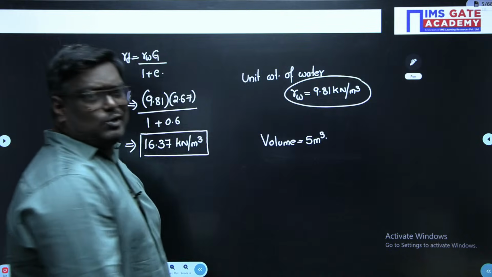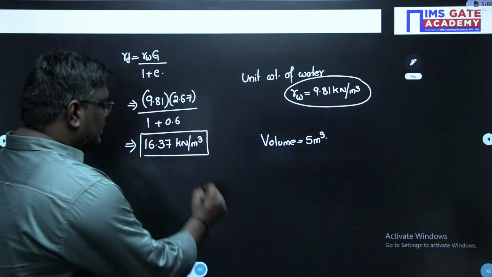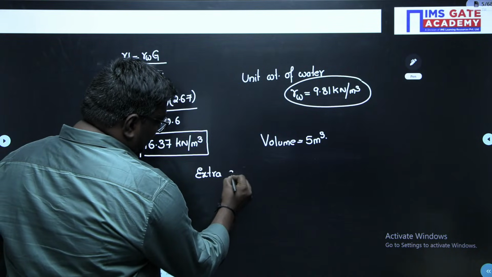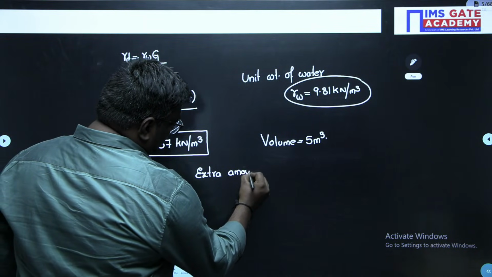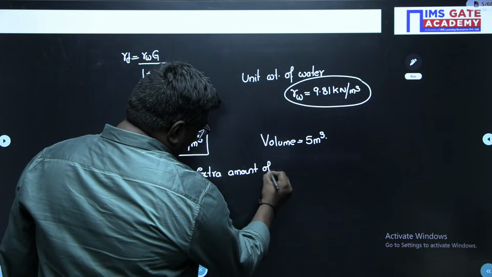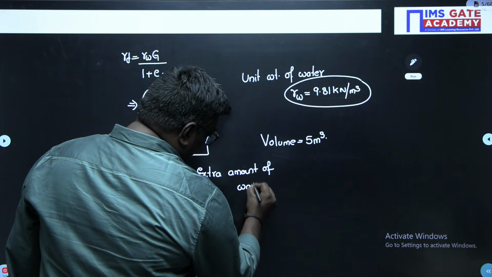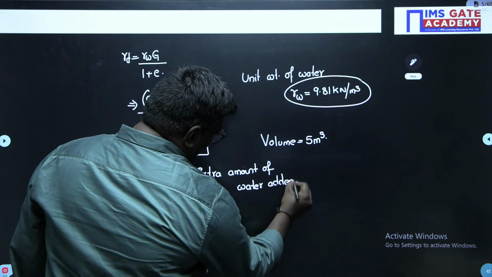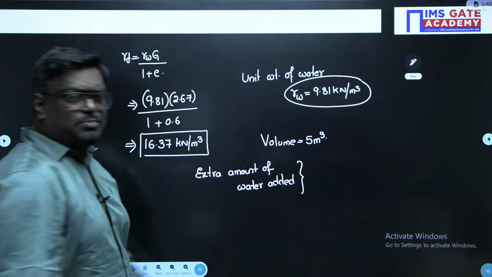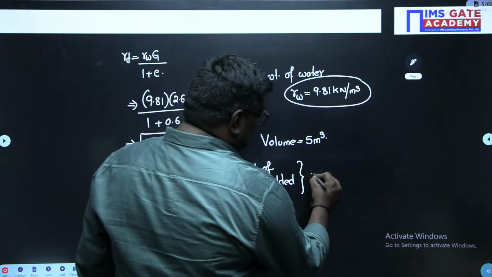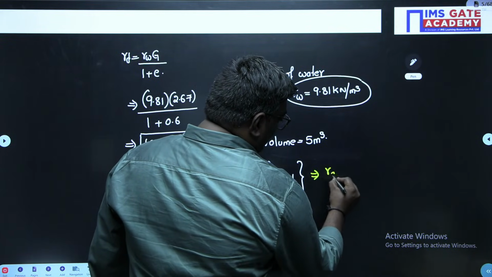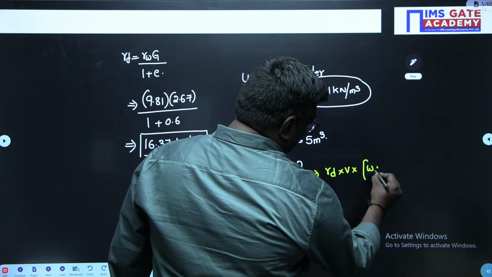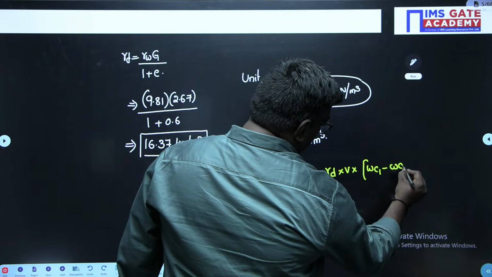When they ask what is the extra amount of water to be added, or water required, or water added, you can just plug in these values. This is equal to gamma_d into volume into water content 1 minus water content 2.